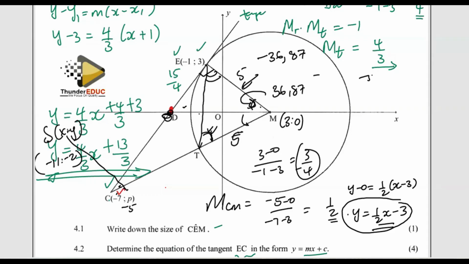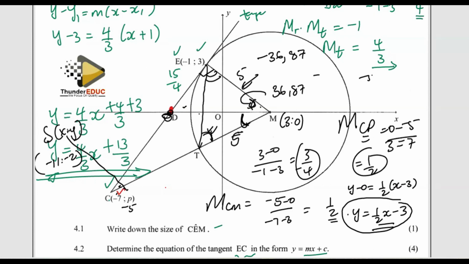You could find also the outside part, no stress. Then if we find the gradient of this, okay, so gradient of CP, which is going to be 0 minus minus 5 over 3 minus minus 7, which we also found as what? A half.